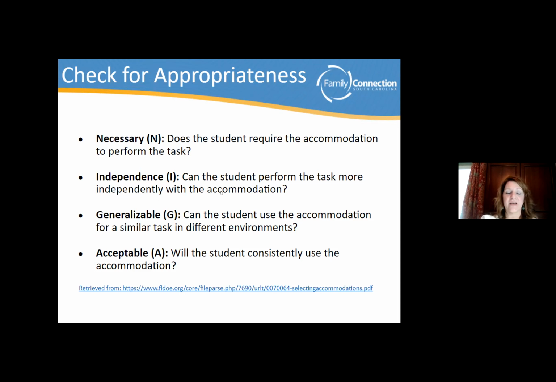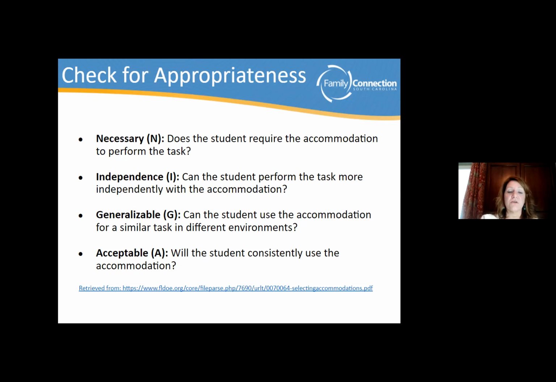Again, with that eye on less is more, with disabilities we want to keep things as typical as possible. What are the general norms of that setting, what's the grade level expectation, and how do we get the student to be as independent as they can be without unduly changing things or making them atypical?